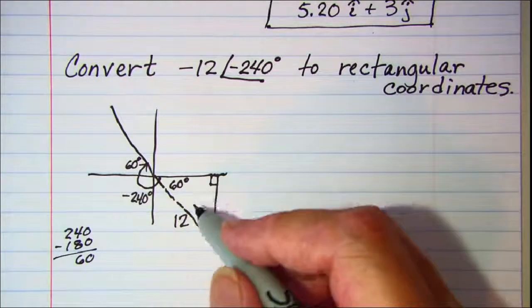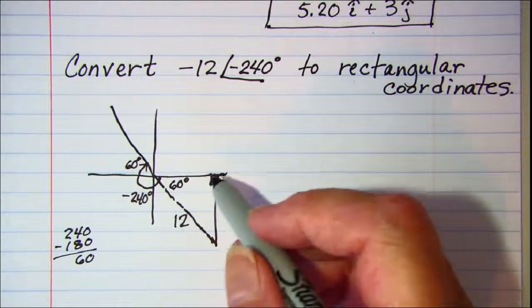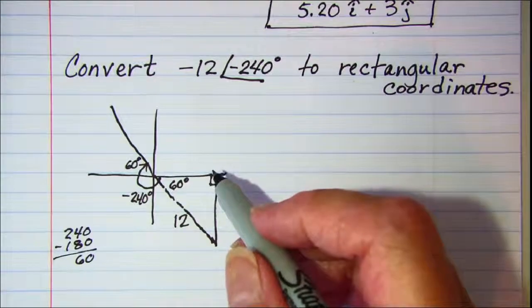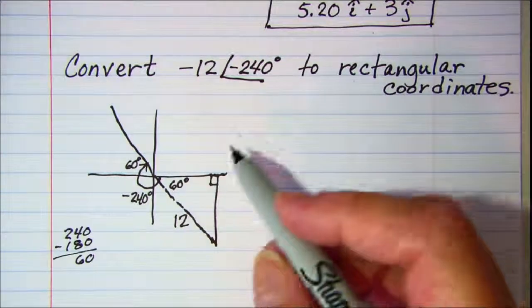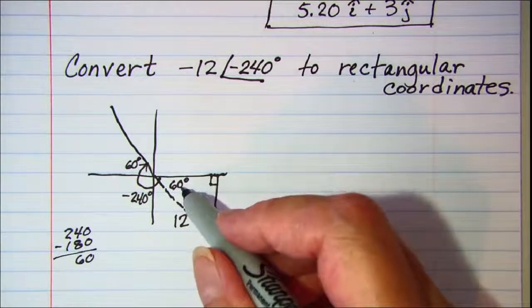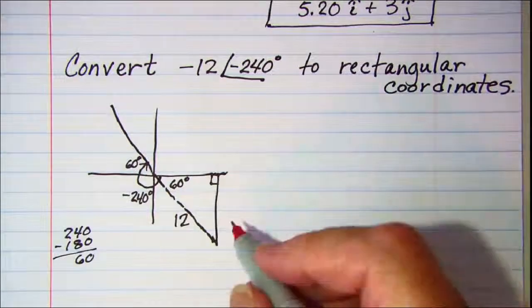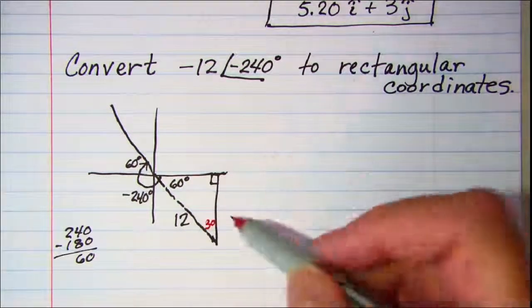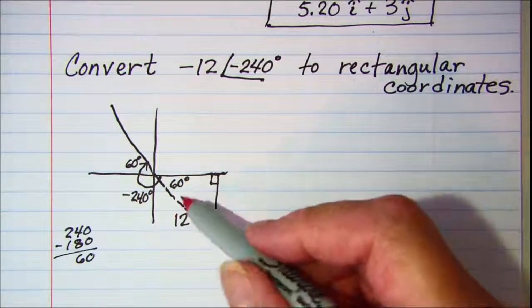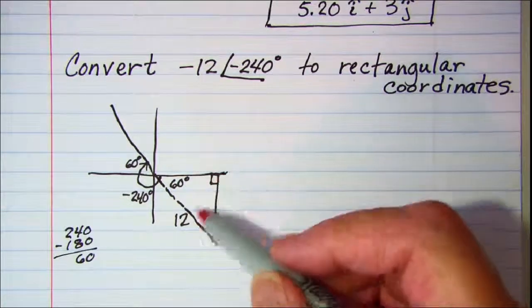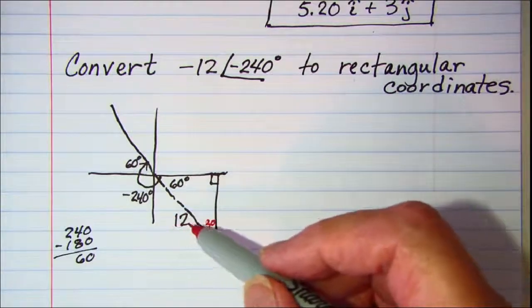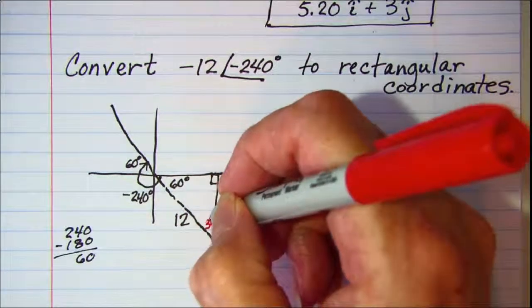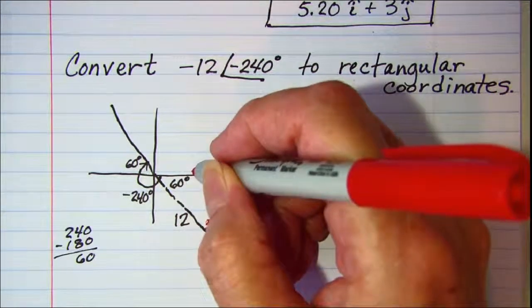Now let's do a shorter method on this one. Instead of using our right triangle trig functions, we have a 60-degree angle. That means we also have a 30-degree angle here. So we can use what we know about 30-60-90 triangles. We know the hypotenuse is 12, so that means the side opposite the 30 is going to be half of that.